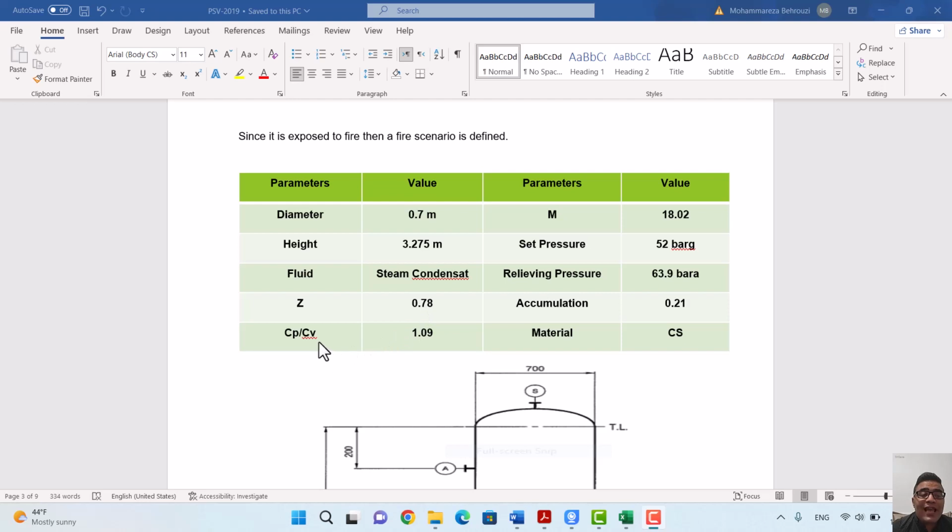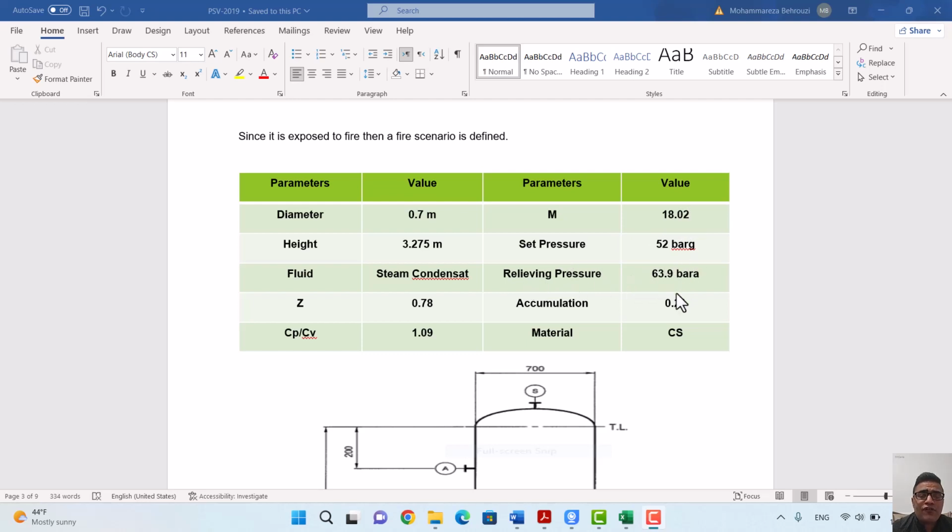The ideal gas specific heat ratio is 1.09. The molecular weight is 18.02. The set pressure is 52 bar gauge.